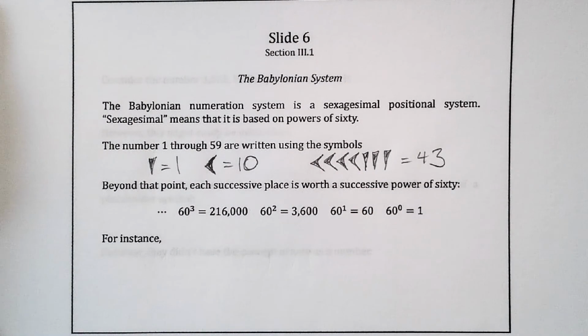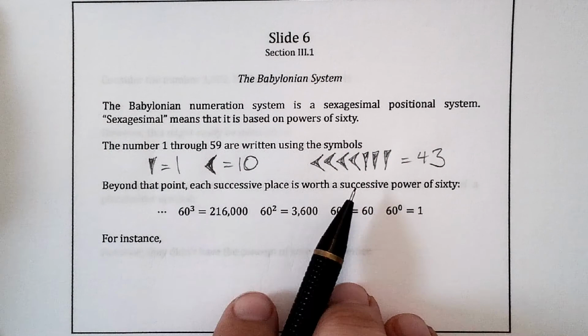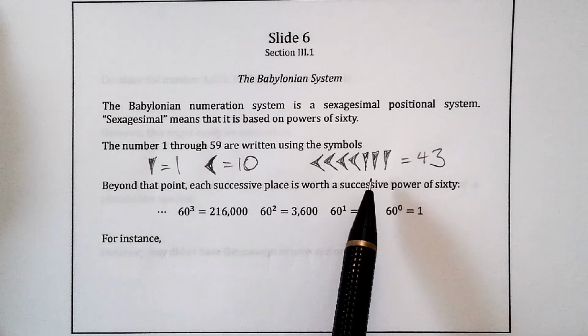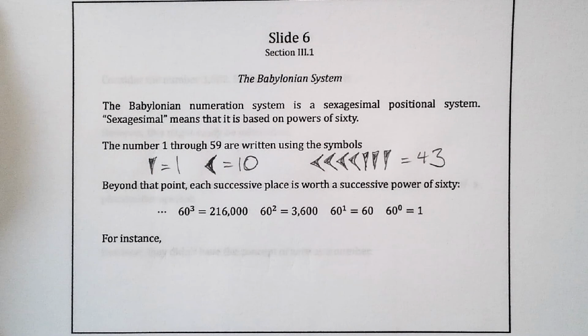Similarly for all the other numbers, all the way up to 59. So up to 59, it works just like the Egyptian system, except instead of using staffs and yokes, you're using wedges and crescents, but exact same system. Now beyond that point, each successive place is worth a successive power of 60.